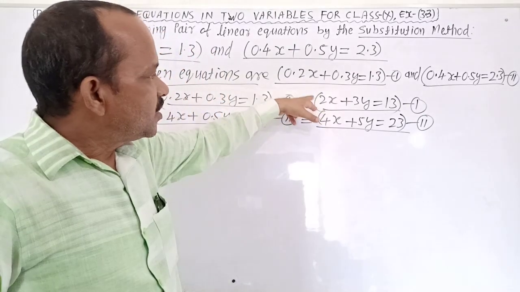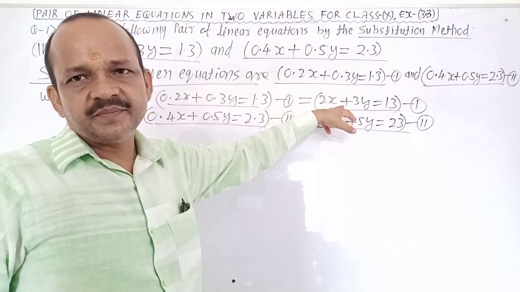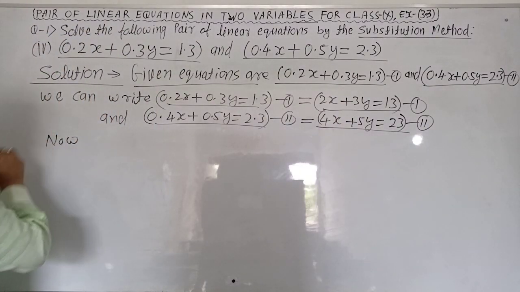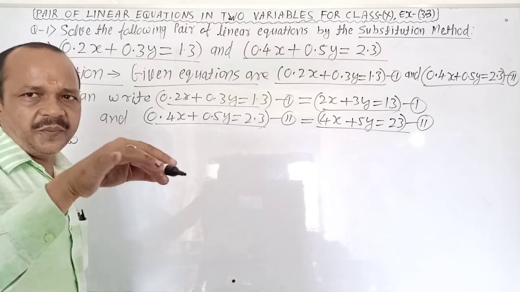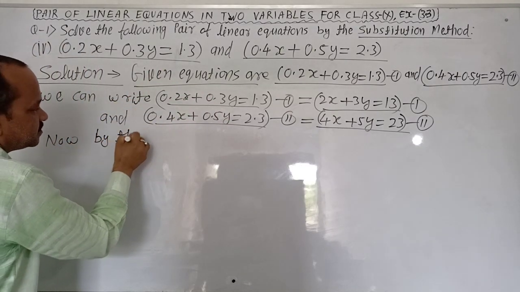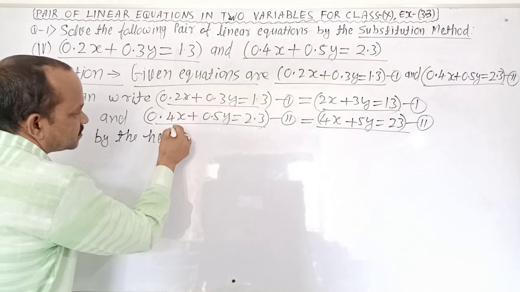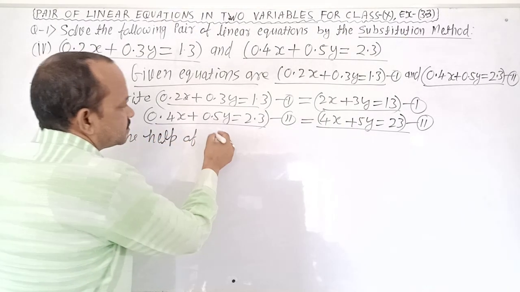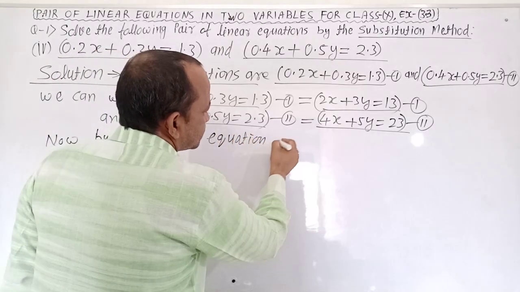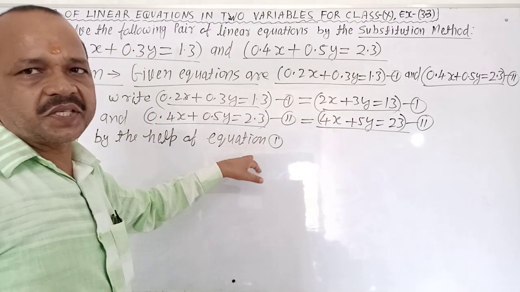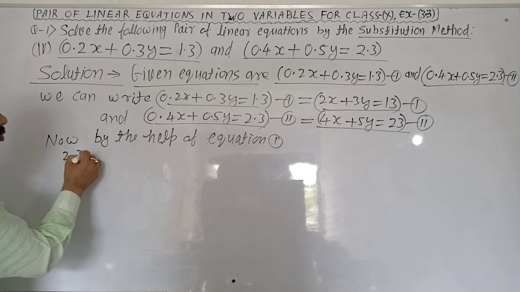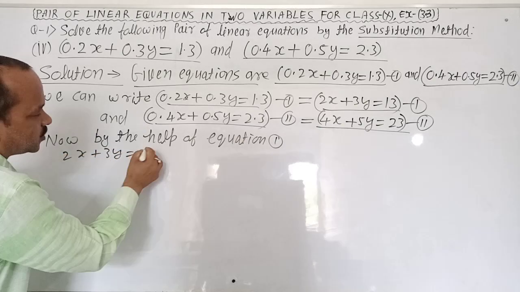Now you solve equation first. Clear? By the help of equation first, 2x plus 3y equal to 13.